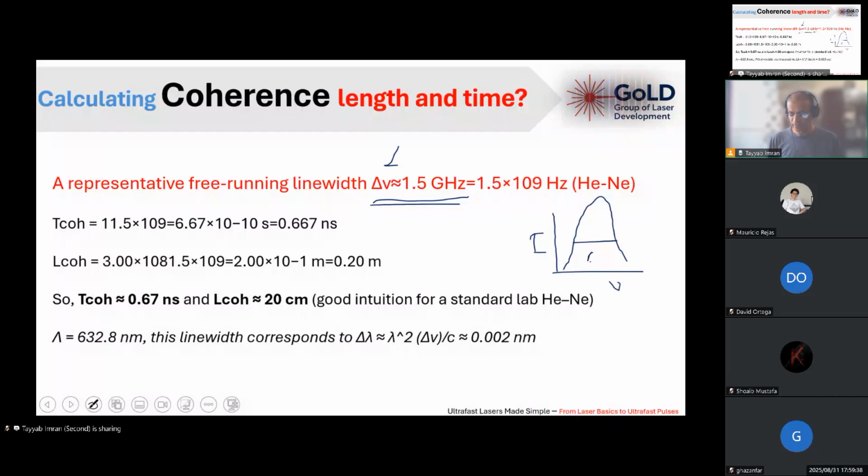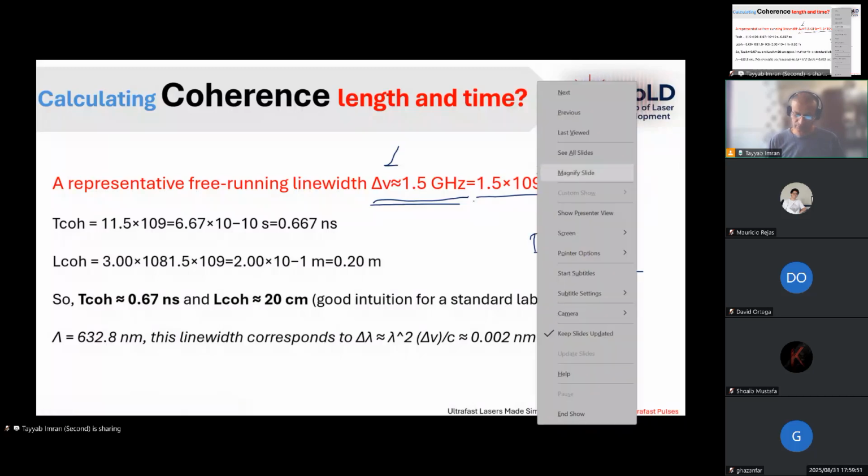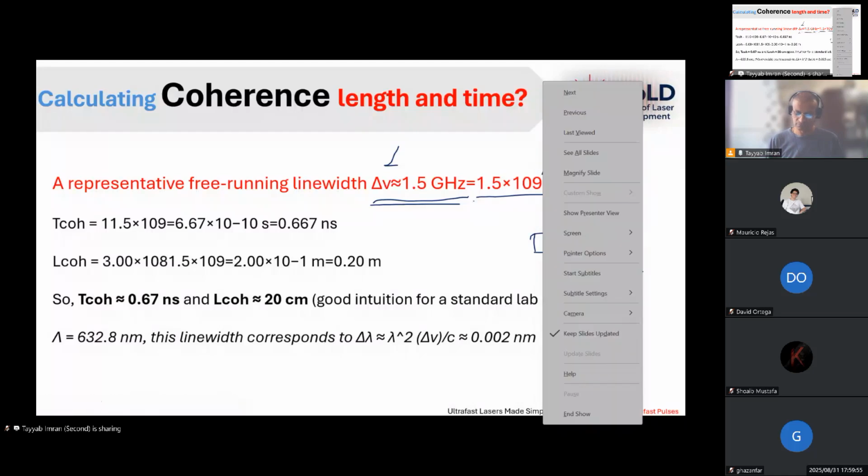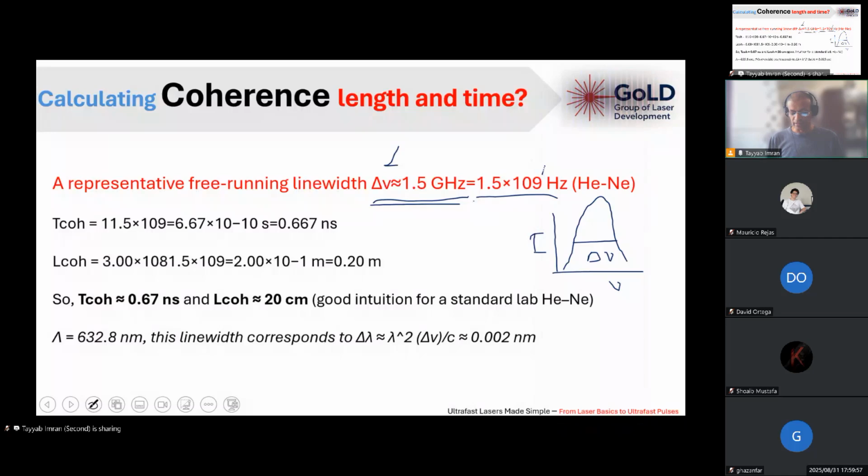So this portion is 1.5 into 10 to the 9 hertz. This 9 is a power, and it's hertz.